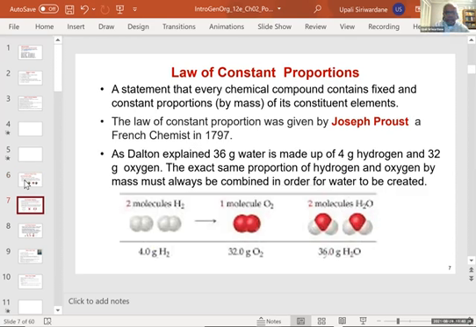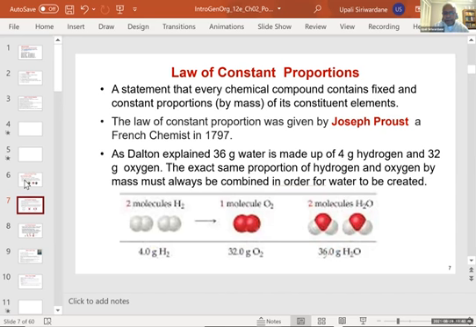Also the law of constant proportion. In a given chemical compound, for example, hydrogen and oxygen produce water.